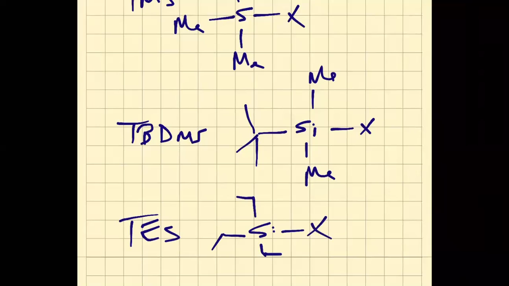Right, and X again is whatever your leaving group is, chlorine or a triflate, depending on what you're trying to do.